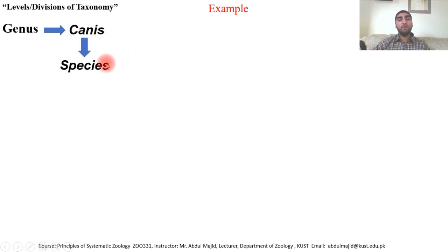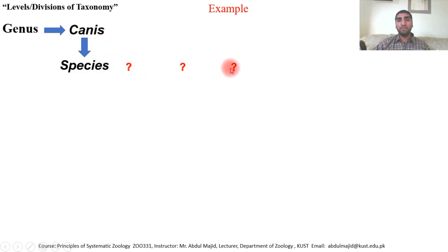Now let's go to the micro level. For example, you have a genus Canis, and this genus has species, but you don't know what those species are. For example, if you have three species, species 1 unknown, species 2 unknown, species 3 unknown, but you know they belong to genus Canis.